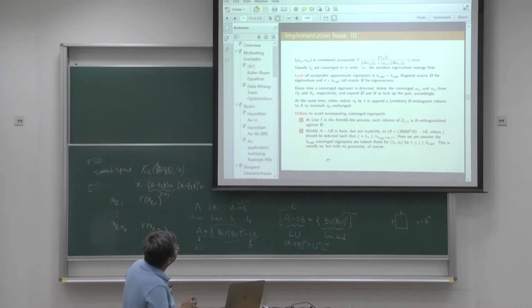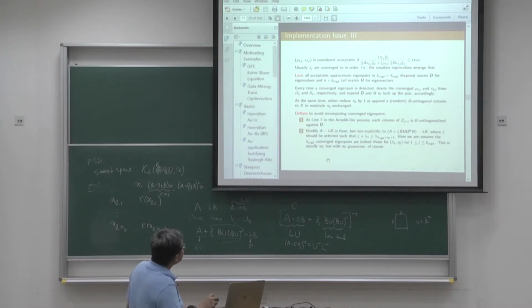How do we lock it? Basically, we're going to do it symbolically. There's a matrix D. In the code, we don't use a diagonal matrix. We use an array D to save the eigenvalue, and at the same time, we save the corresponding vector as an eigenvector in U. And later, we need B times U to do deflation. Remember that?